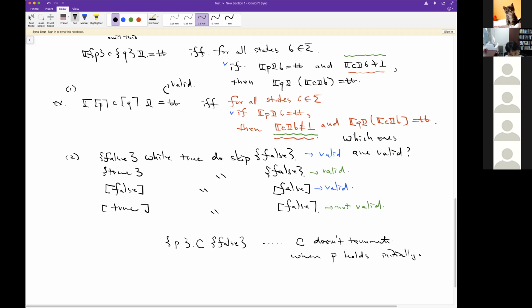Otherwise, false is a postcondition which we would never be able to satisfy. So this is a bit of a weird way to specify divergence or non-termination of a program.